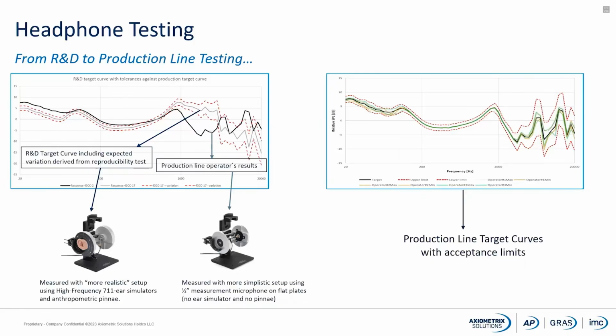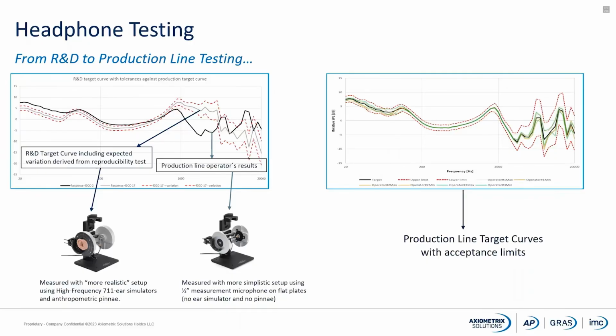The gray curve is actually what we measure on a realistic setup, and then in R&D, then they will probably set some limitations or some tolerances according to this curve.